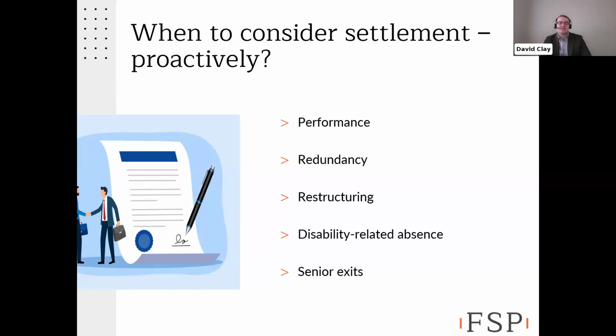Often you'll need to provide extra support to that employee to help them meet whatever targets you've set. There'll be additional HR and management time to attend meetings and monitor whether performance is improving to the required level. And often it can be quite an emotive process for the employee as well, because they're essentially being told, well, you're not really up to scratch in your role and you need to improve.